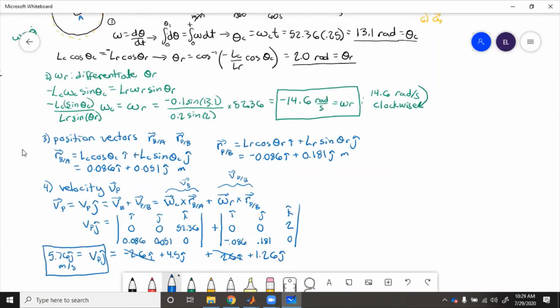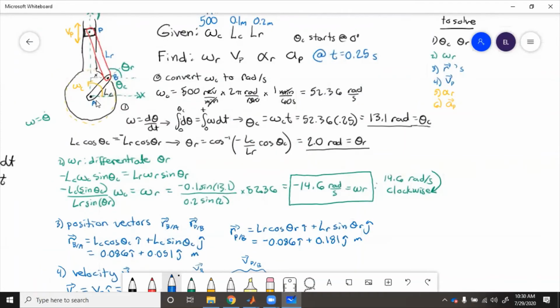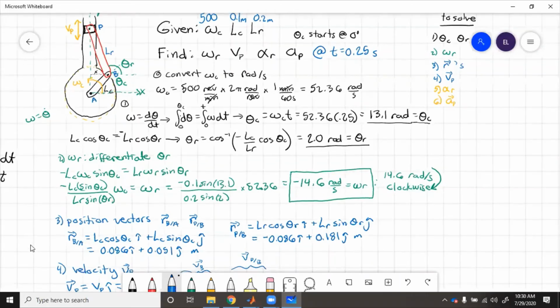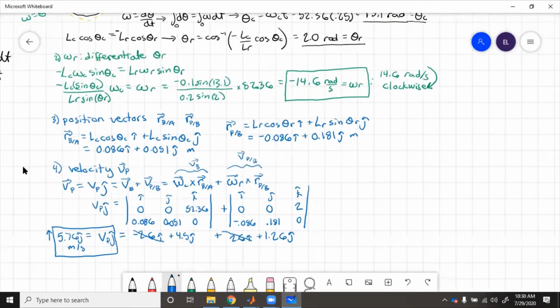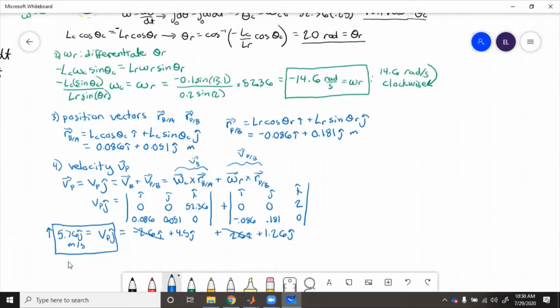So that is in the positive direction, so we know VP is going up. If we look at the picture, we know that if the crank is in this position, it's rotating towards the left, then B is raising and P is raising. So velocity of P should be in the positive Y direction. That's what we got in this equation.